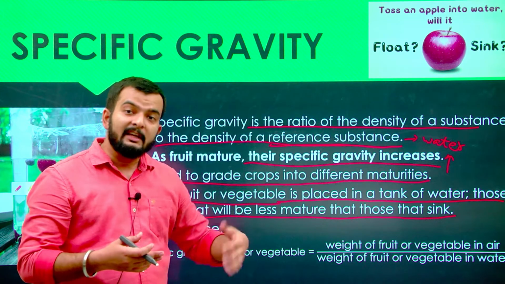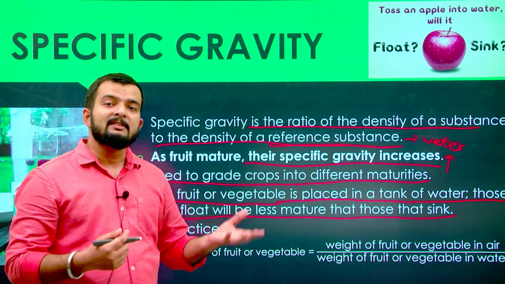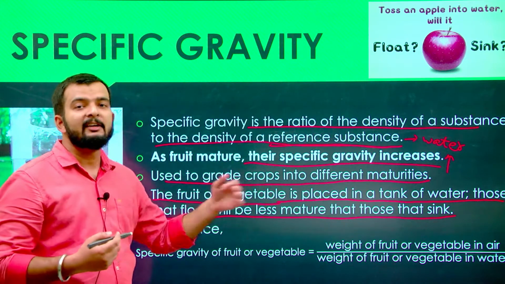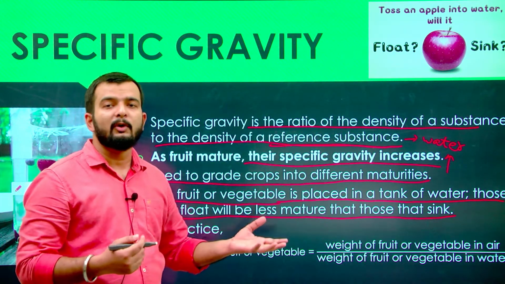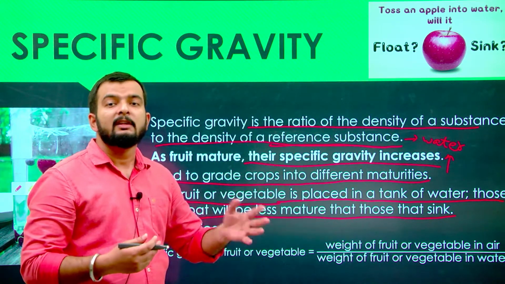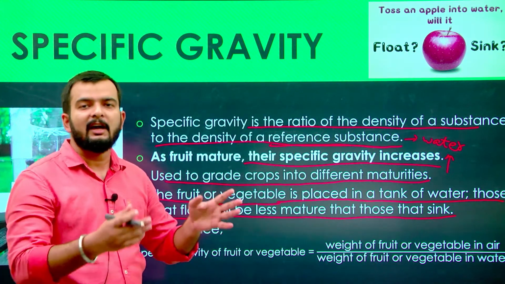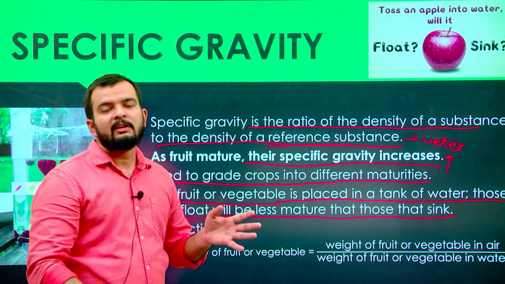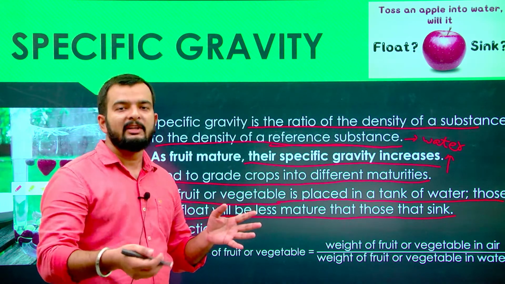The ones that sink into the water have a higher specific gravity, and thus they are more mature. So you can grade those crops: the ones that float are less mature, the ones in the middle, somewhat not completely down, are of average maturity. Then the ones that have sunk down into the water are matured crops.